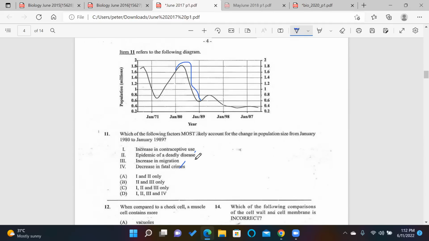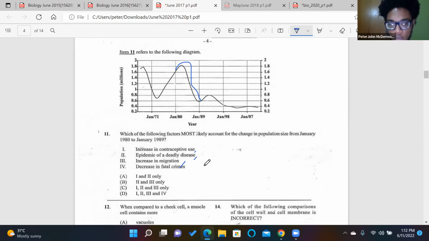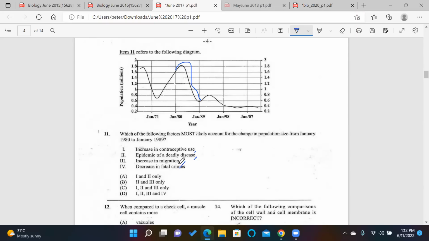Decrease. Epidemic of a deadly disease. COVID, did COVID increase or decrease the population? Decrease.